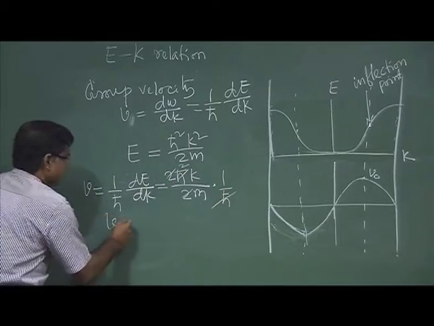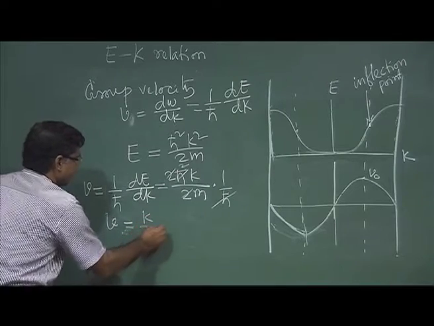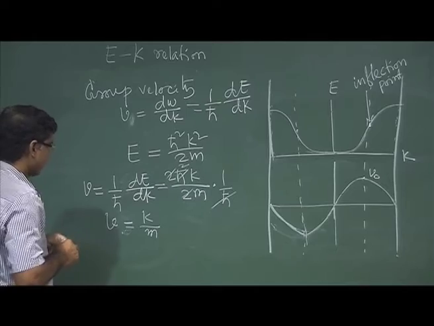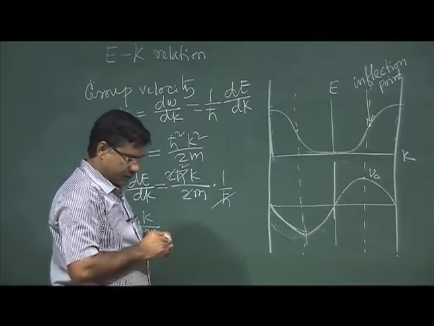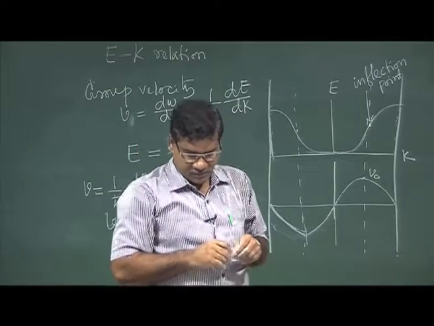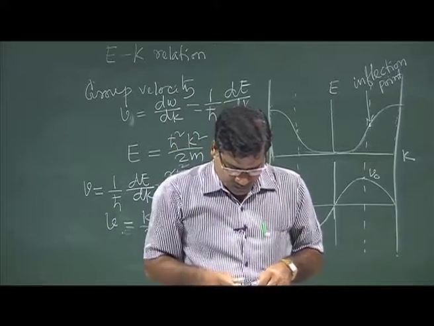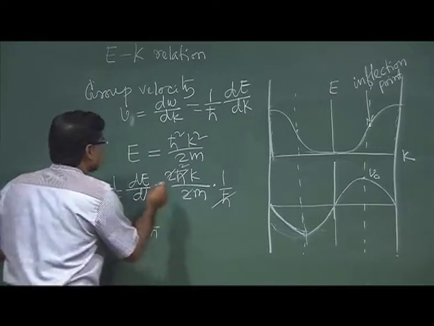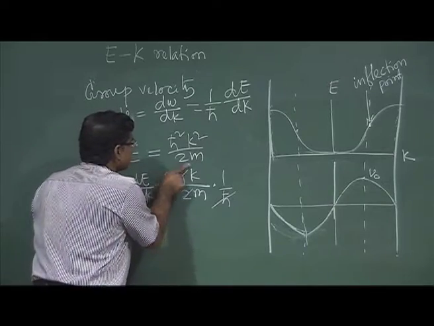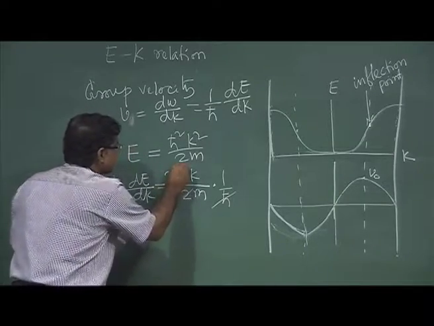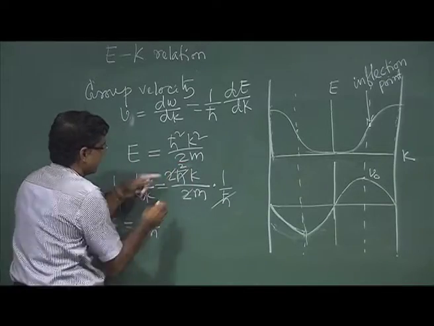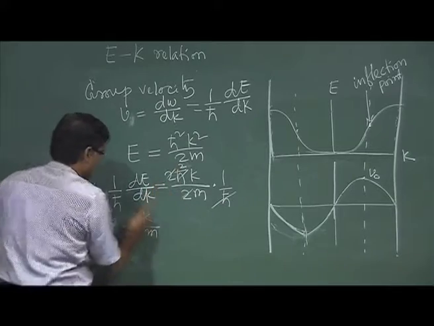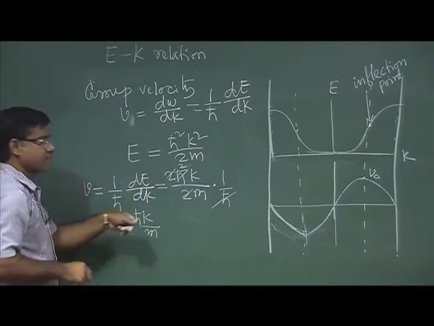So, I am getting v equal to k by m, right. Here I did a mistake. Here basically h cross square is there. So, 1 h cross is gone, and 1 h cross will be there. So, h cross k by m, right.